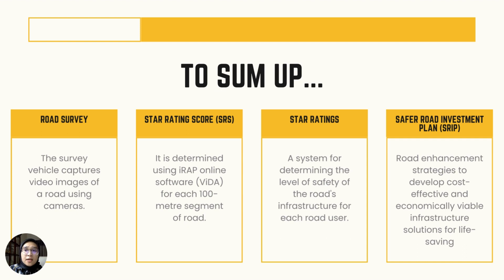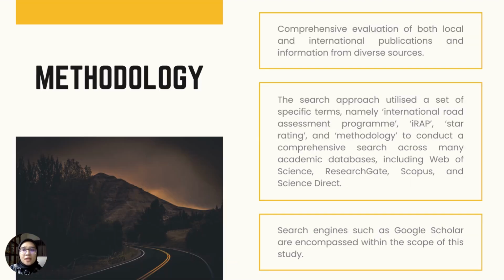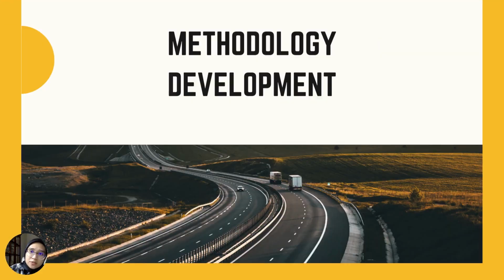To simplify, the iRAP approach has 4 major processes. A road survey is the first step, and then data coding follows. After that, star rating score, then star rating, and finally, safer road investment plan. This study involved reviewing both local and international publications and information from diverse sources.